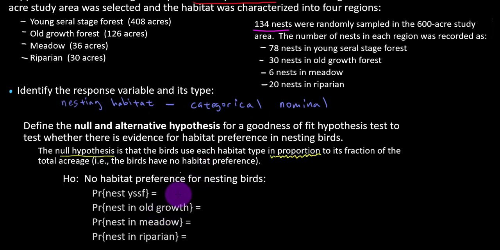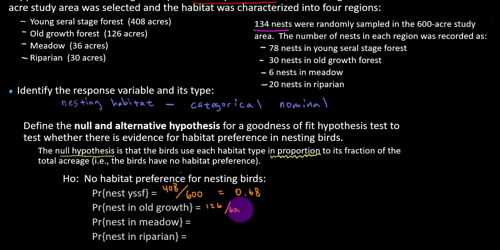And here, because there was a 600 acre study area and 408 acres was the young seral stage forest, that gives us about a 68% probability of observing a nest in a young seral stage forest if there was no habitat preference.